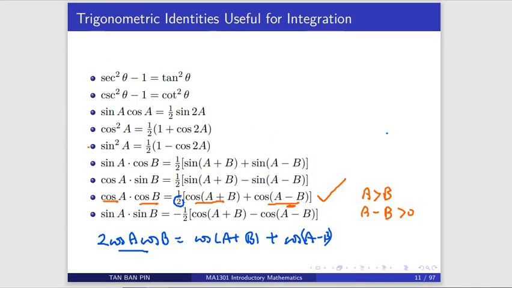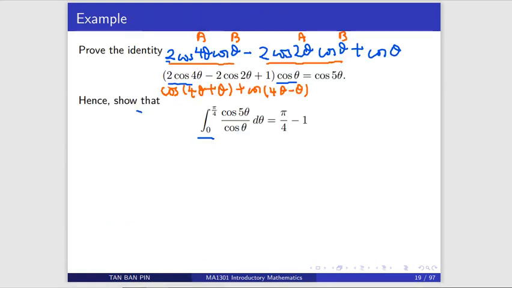Okay, that is cosine A plus B plus cosine A minus B. As for the second expression, you should have cosine of 2 theta plus theta, then plus cosine of 2 theta minus theta. And finally, the cosine theta is just given there.